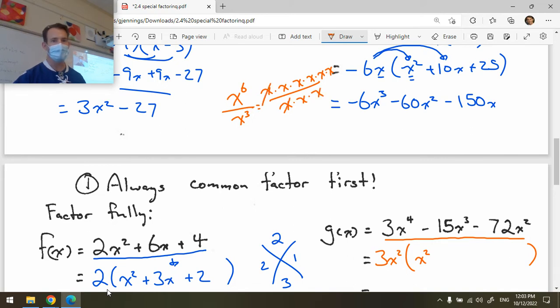And this x cancels that x, this x cancels that x, this x cancels that x. So I'm left with x to the 6 minus 3 or x to the 3. Okay. So that's just your quick dividing by exponents rules. When you have the same base, you can subtract the exponents when you're dividing.